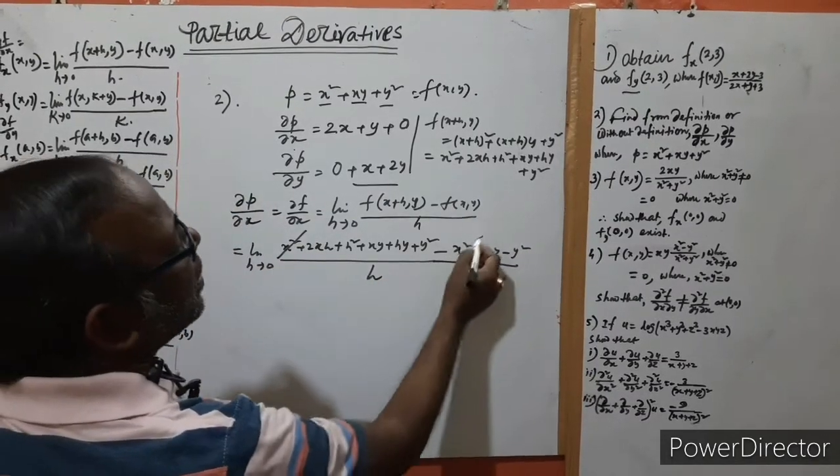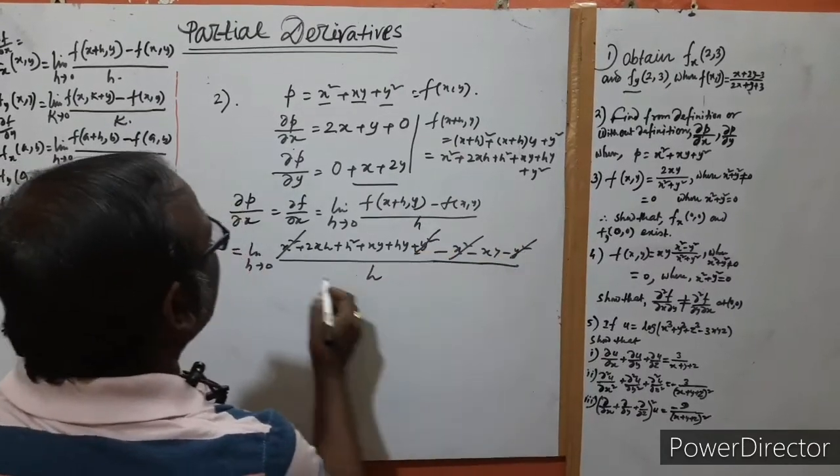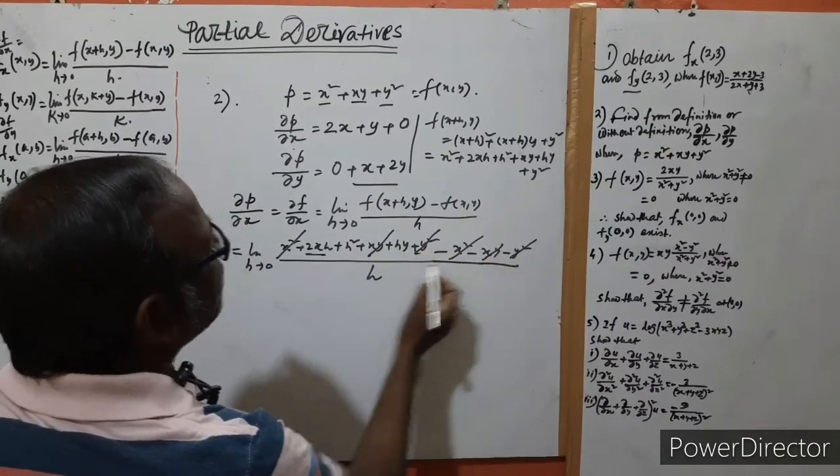From that, x² cancels, and xy and y² also cancel.